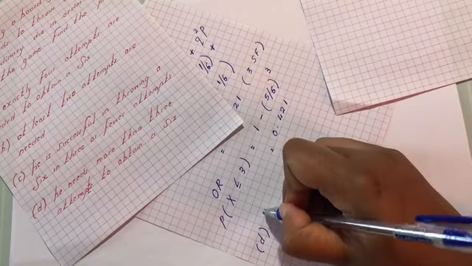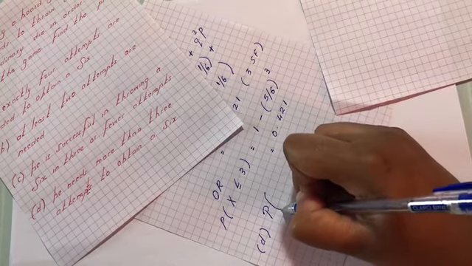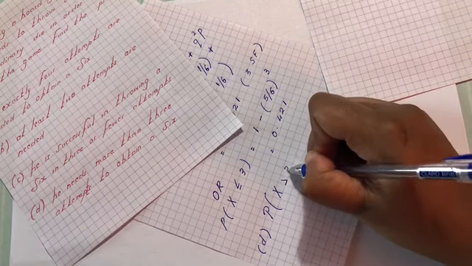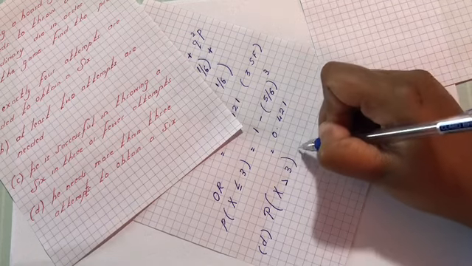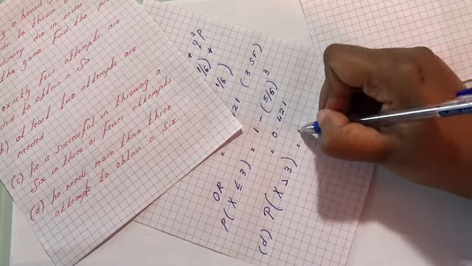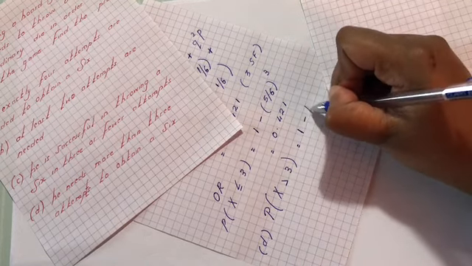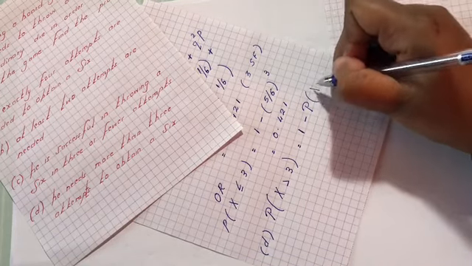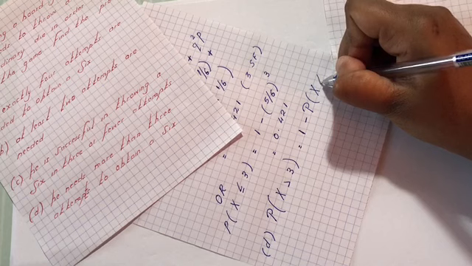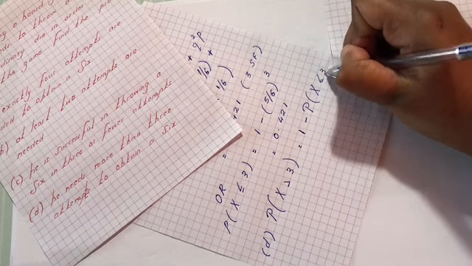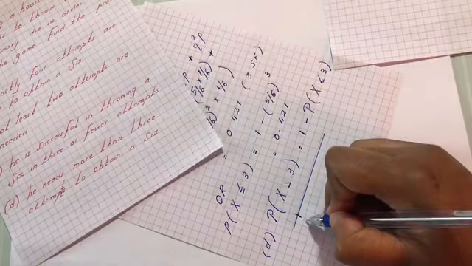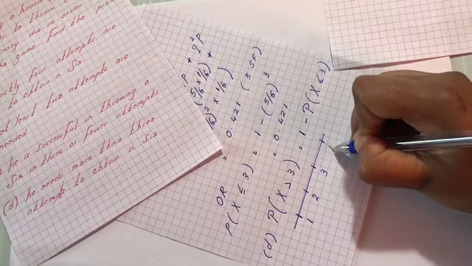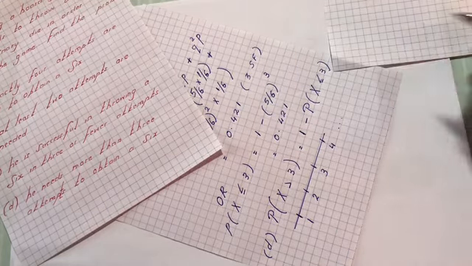Part D, he needs more than 3 attempts to obtain a 6. So we need to find the probability of X greater than 3, which is the same as 1 minus the probability of X less than or equal to 3. We have 1, 2, 3, 4, and so on.